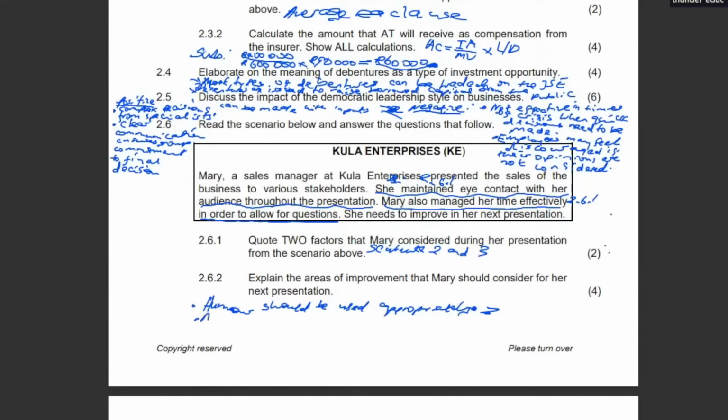And also we said that they should always be prepared to update the information and keep it relevant.